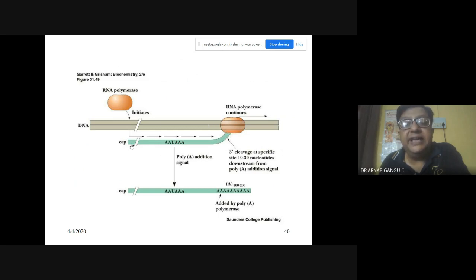Here the messenger RNA is produced, the cap is added. After this AAUAA sequence, 10 to 30 nucleotides after that, there is a cleavage taking place, and this particular nascent RNA is produced. And after that, poly A polymerase adds around 100 to 200 adenine residues.